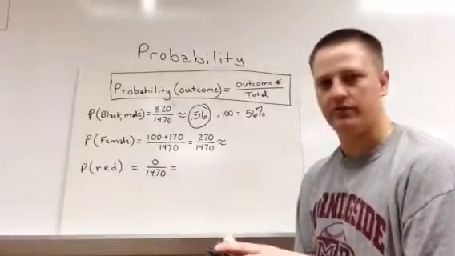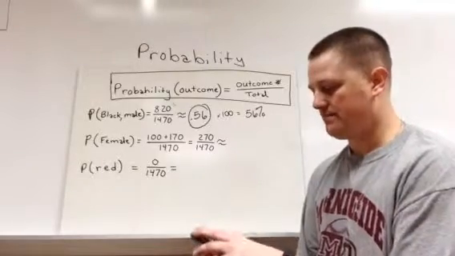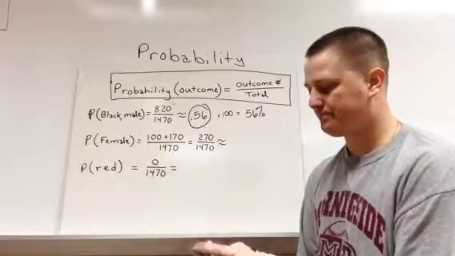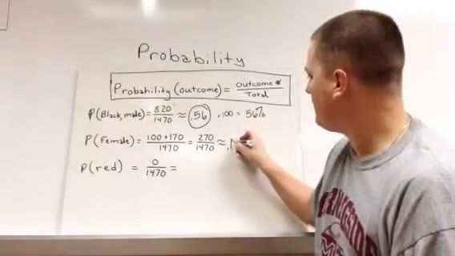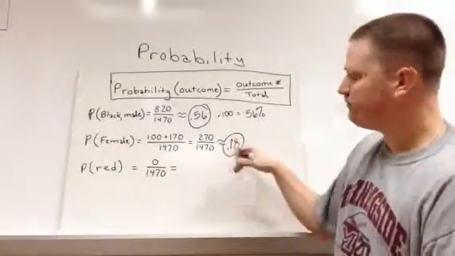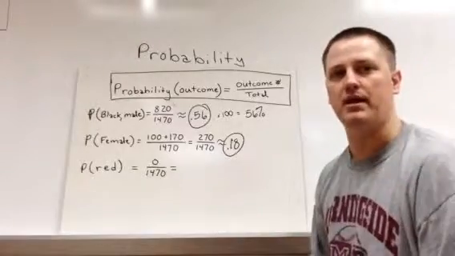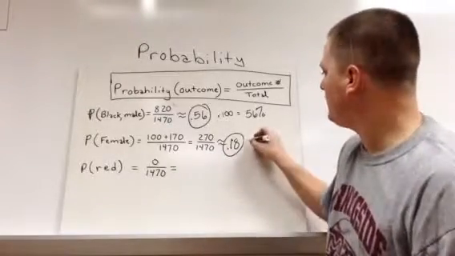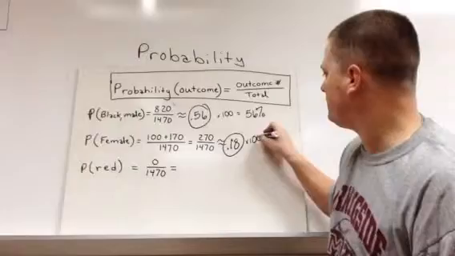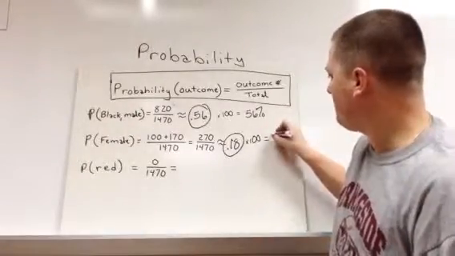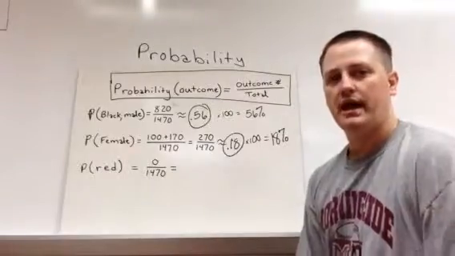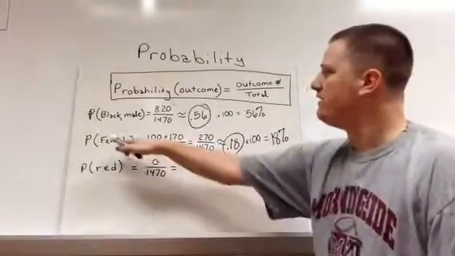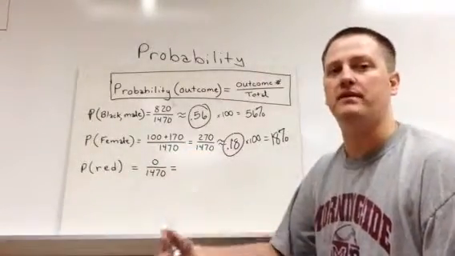So we take our 270, divide by 1470, and we get a decimal of about 0.18. So 0.18 would typically be our probability. We can turn that into a percent for those of you more fond of that, and we would get about 18%. So 18% of the squirrel population is female.